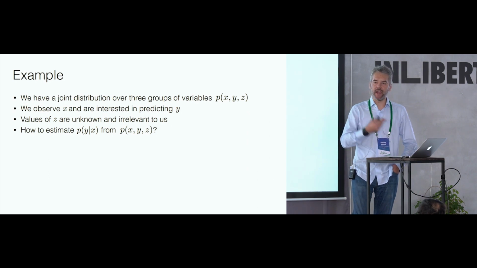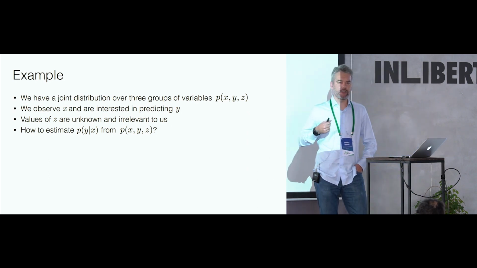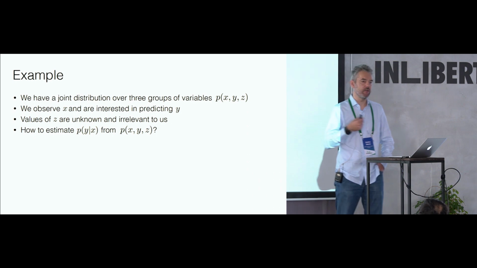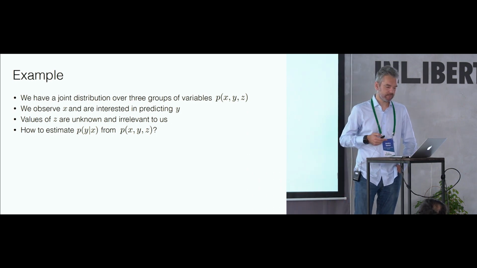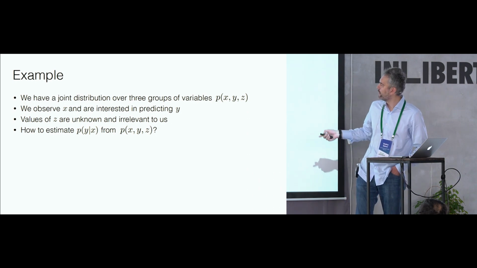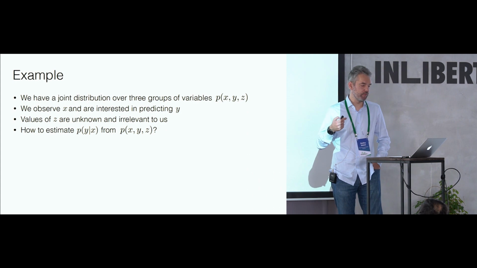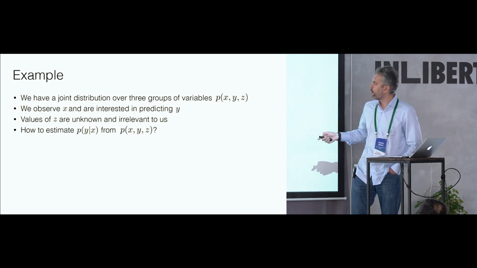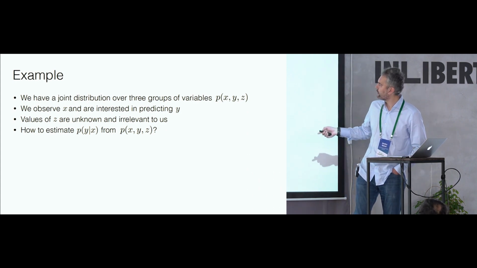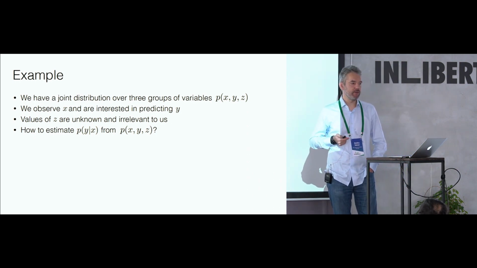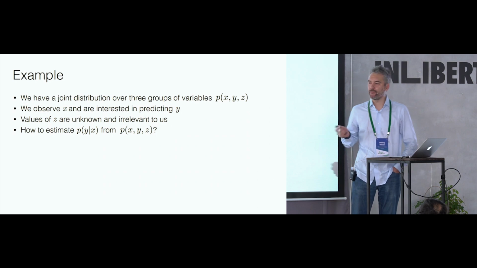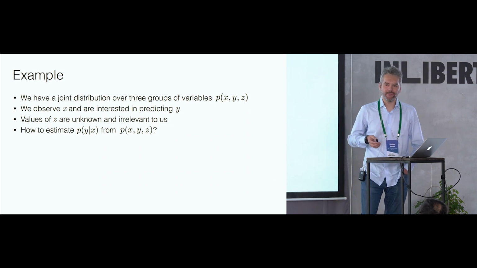Assume that we observe x, and we would like to predict or estimate the y variable, and we do not care about z. This means that we'd like to be able to compute this conditional distribution, which would be our prediction, P of y given x, and we have access only to this joint distribution P of x,y,z. So any ideas of how we can compute this conditional distribution?